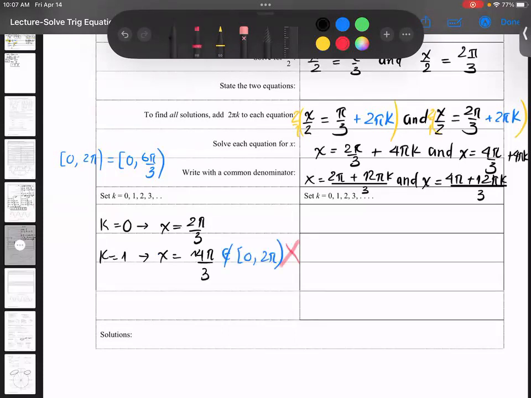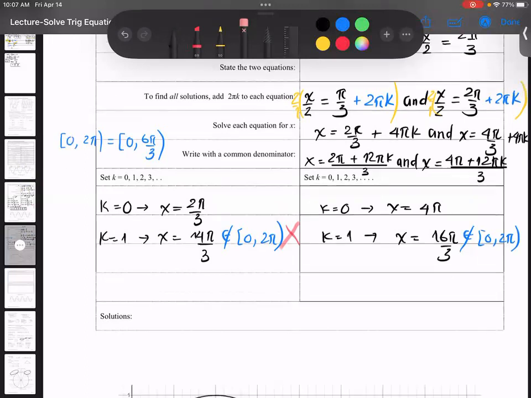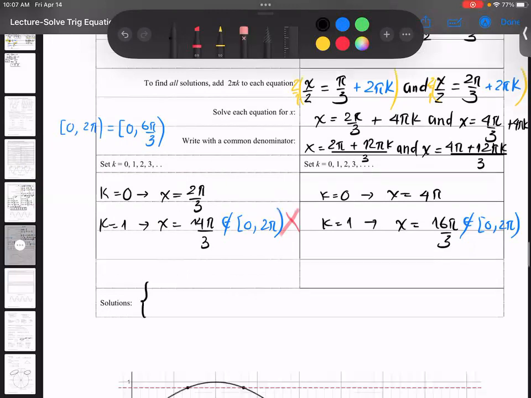Just one solution for that one. Same thing for the second one. k equals 0, x is 4 pi over 3. When k equals 1, x is 16 pi over 3. Now between 0 and 2 pi, the final solution is just 2 of them, right? 2 pi over 3 and 4 pi over 3.